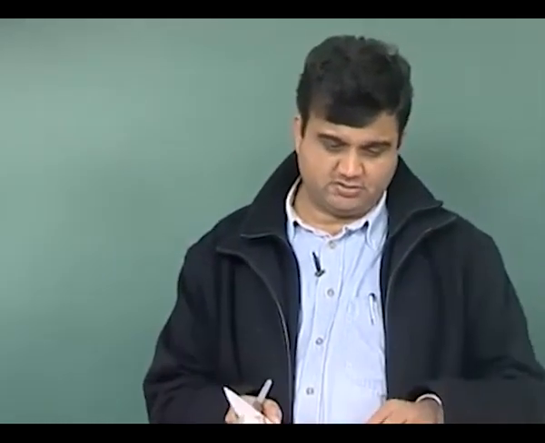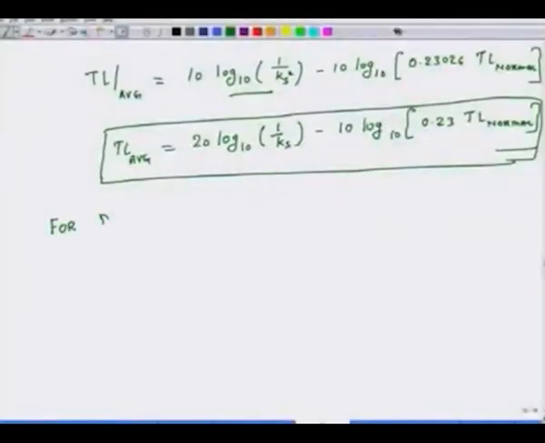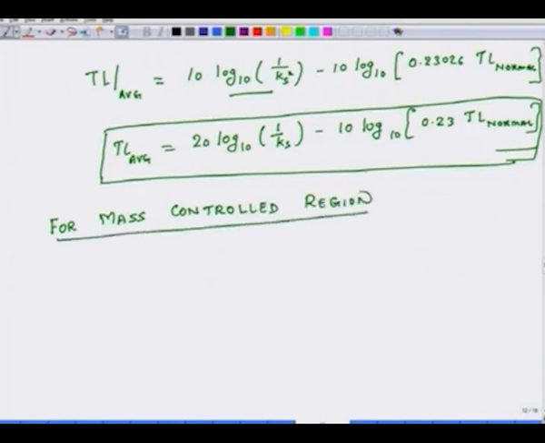Likewise, now I am going to figure out the transmission loss if I am in the mass controlled region. For the mass controlled region, we know that TL normal, we have developed this relation, is basically 10 log 10 of 1 over attenuation.